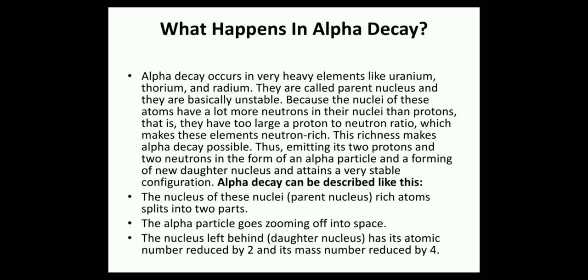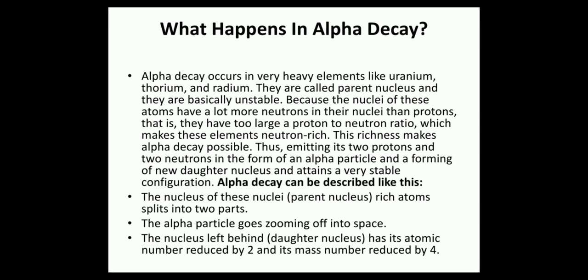The richness makes alpha decay possible, thus emitting 2 protons and 2 neutrons in the form of an alpha particle and forming a new daughter nucleus, which attains a very stable configuration.